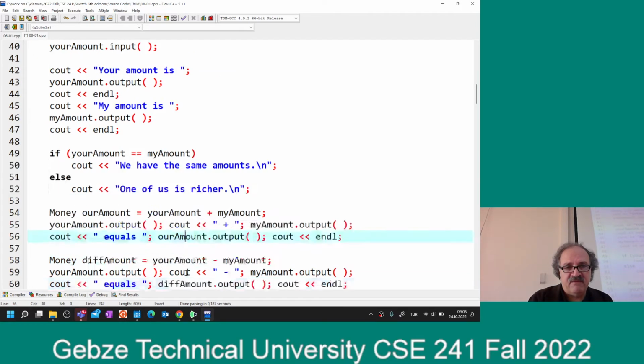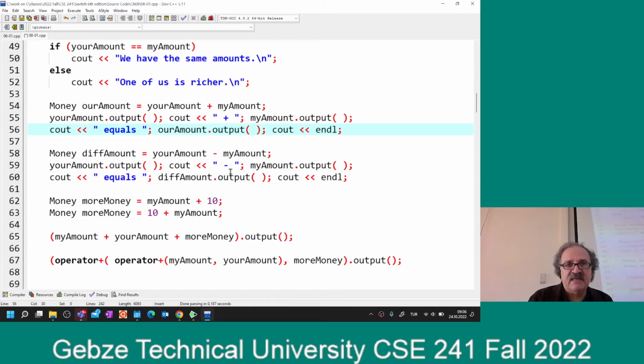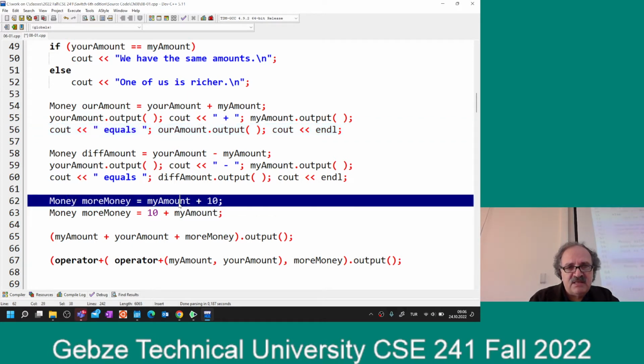Do I have anything other than that? Yeah, the minus sign. I am taking this much off from your amount, and it might be negative money, but that's okay. I can do that. And an interesting thing is I can do this too. I am adding an integer to a money object, and it works.